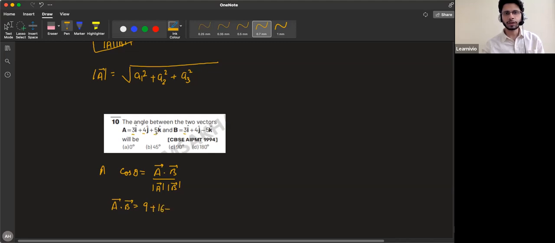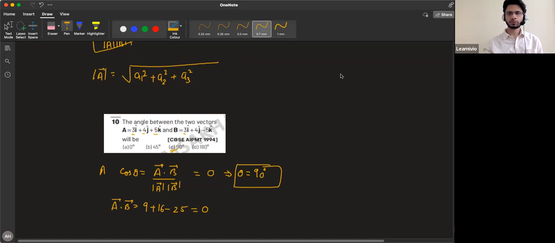Minus, the coefficient of k cap is 5 and 5, 25. So it's 25 minus 25, that will be 0. So cos theta is 0, which means theta will be 90. So the dot product is 0, so that means the angle will be 90 degrees. So everyone was correct. Hiba, clear now?